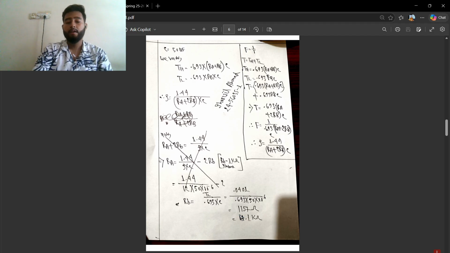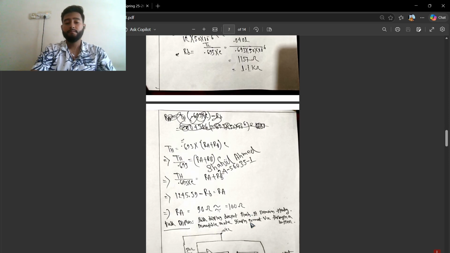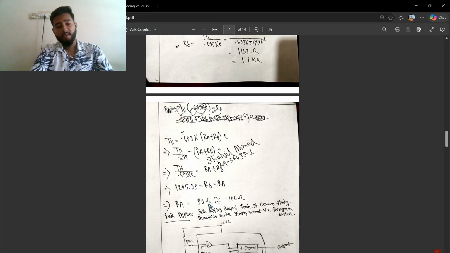We find RB is 1157 ohm, then convert it to kilo ohm and get 1.1, because it is the standard value found in stores. So RB is 1.1 kilo ohm. For RA we calculate 90 ohm, but for standard we use 100.